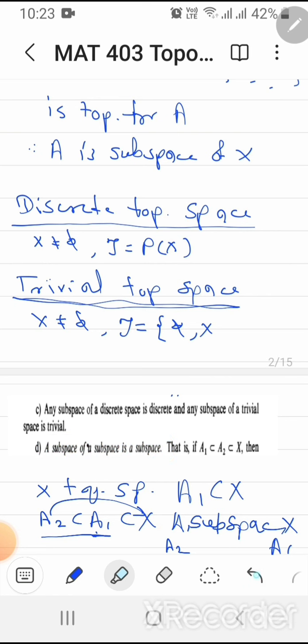What is the result? A subspace of a subspace is a subspace.